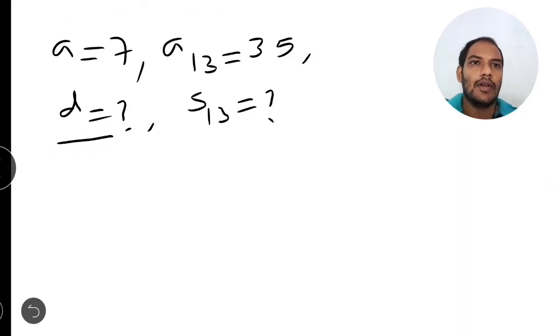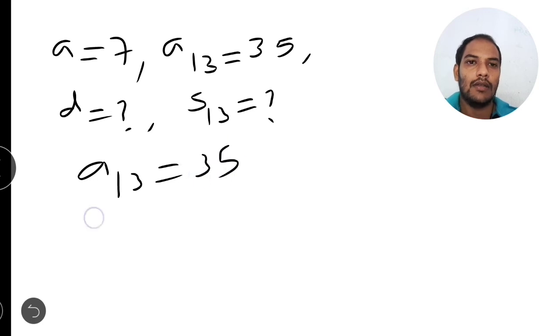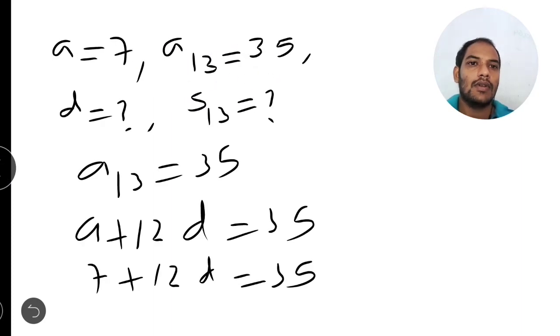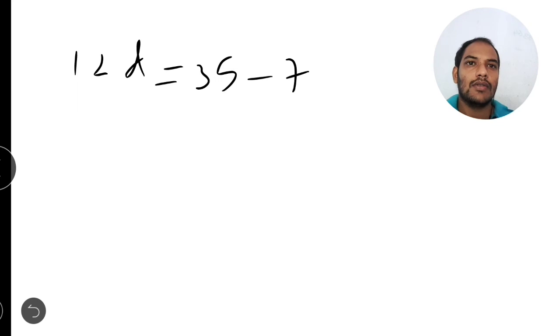To find the d value, I am using A13 equals 35. A13 means a plus 12d, equals 35. The a value is already given as 7, so 12d equals 35 minus 7. So 12d equals 28.